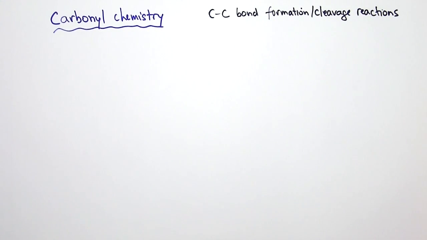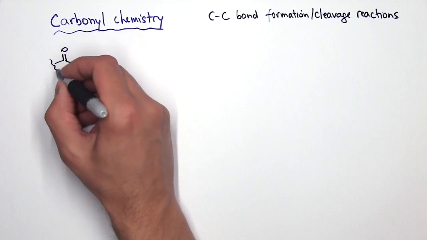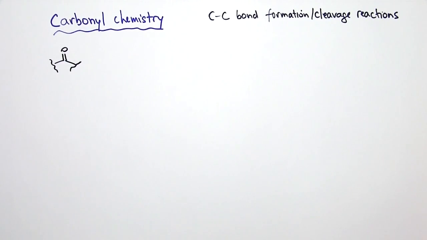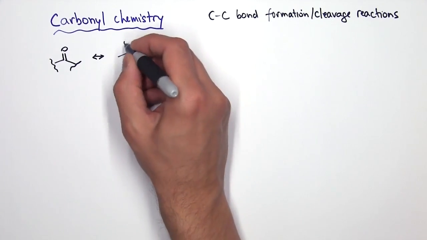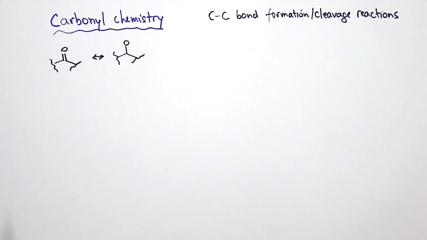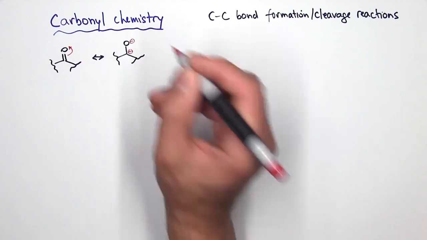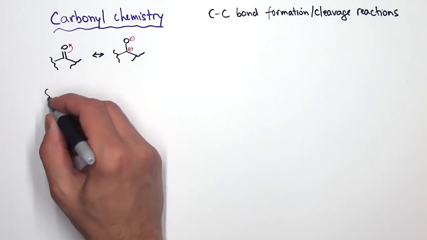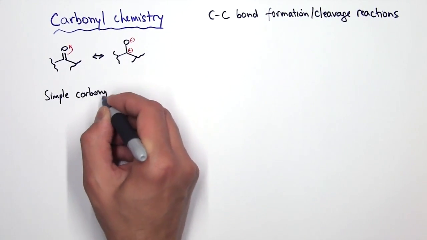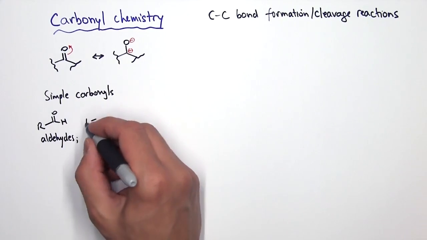As you recall from organic chemistry, a carbonyl contains a C=O, and all the properties of the carbonyl derive from its ability to polarize this bond so that it can draw a resonance structure where the carbon has a positive charge and the oxygen a negative charge. As you recall, there are simple carbonyls such as aldehydes and ketones.